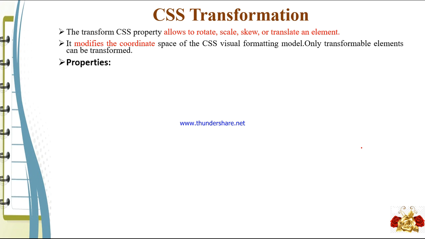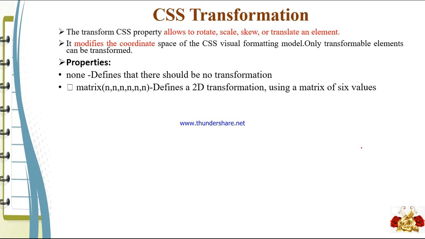So what are the properties we have to use for this transformation? The properties are most important in this transformation process. The first property is none, defined as no transformation. That is, it means there should be no transformation. Matrix with 6 values defines the 2D transformation.